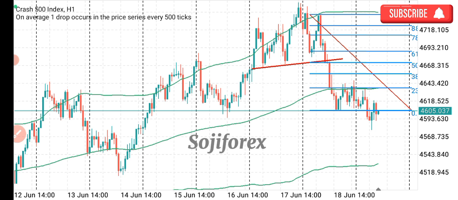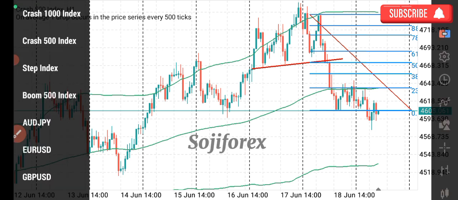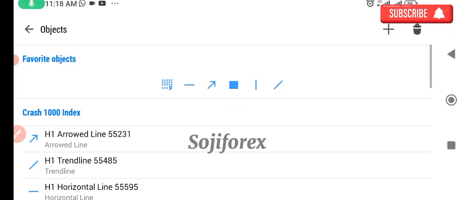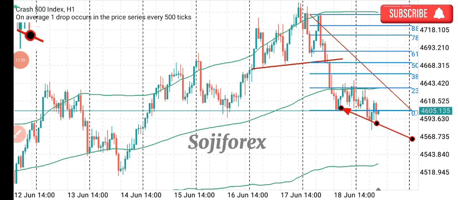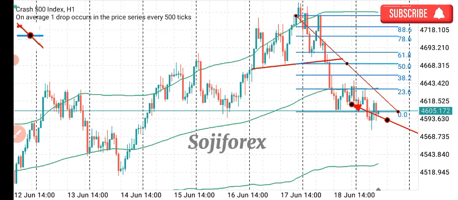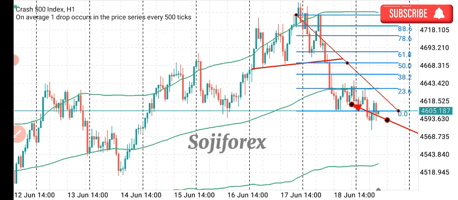So if you look at this now, you will identify that this is our retracement, because this price pulled back and closes above the 23.6 level, we will consider it as a retracement.